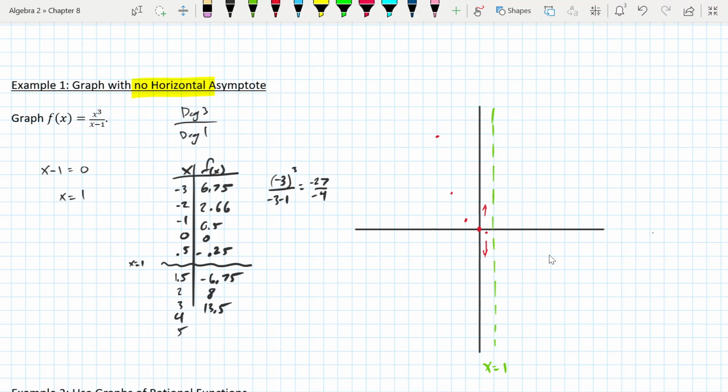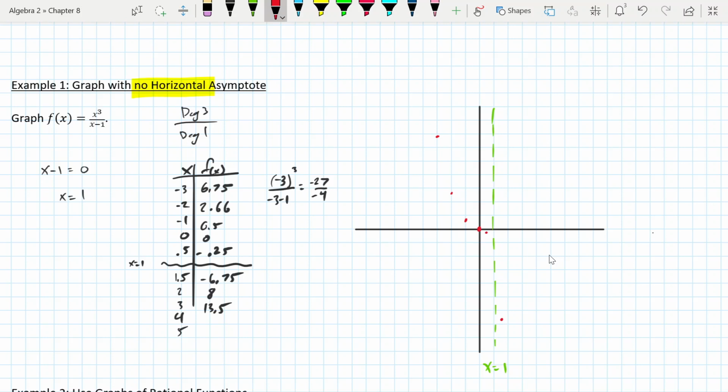So I'm going to need to find another table of value point to put in there, probably 0.75 or 0.9 or something like that. Something really close to 1 to see if it goes up or to see if it goes down. 1.5 is 6.75.